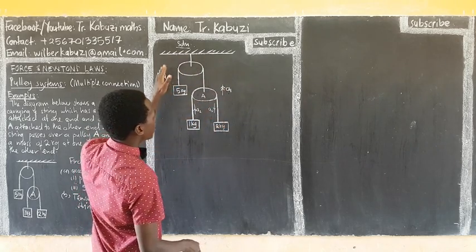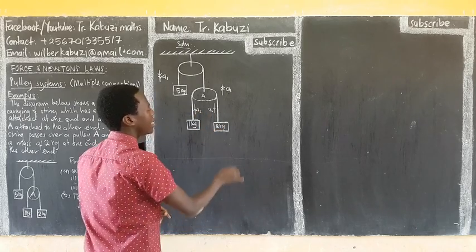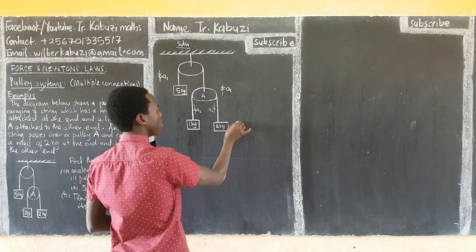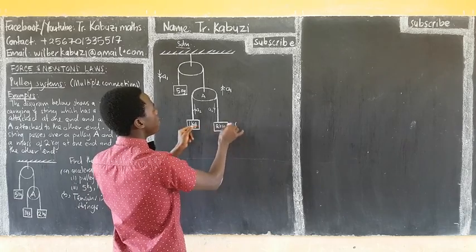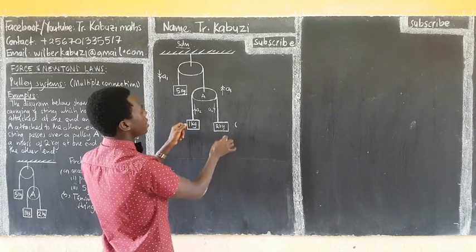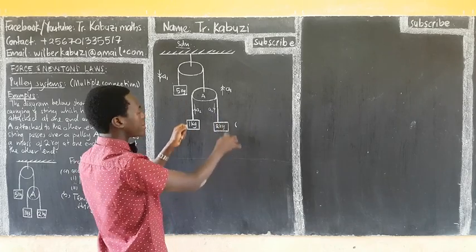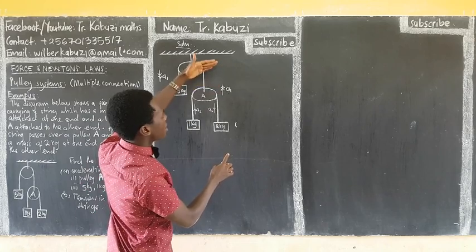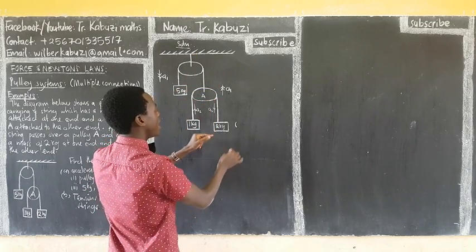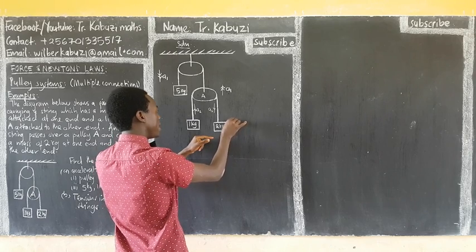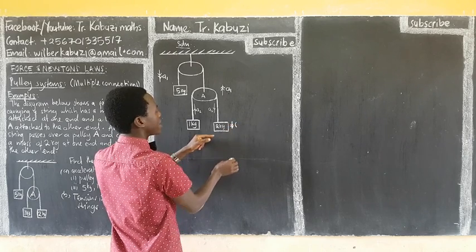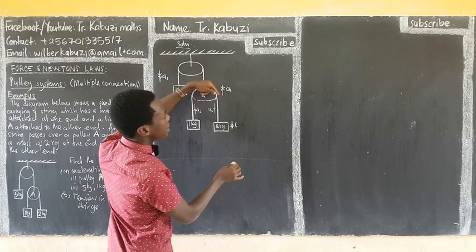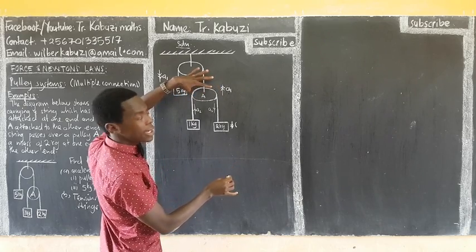Now, the overall acceleration for this particle here is going to be, remember, this one moving downwards. The overall pull is moving upwards, yet this one is moving downwards. So the acceleration for this one is moving downwards like this, and it's opposing the overall acceleration of this pulley which is carrying them.